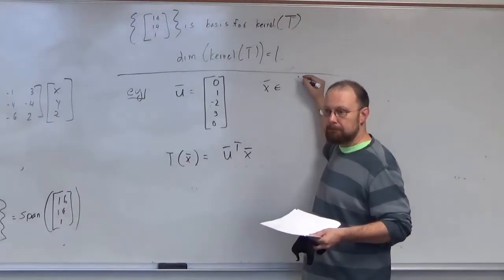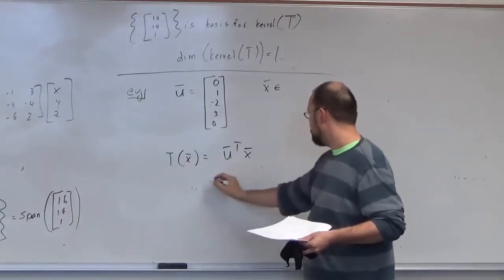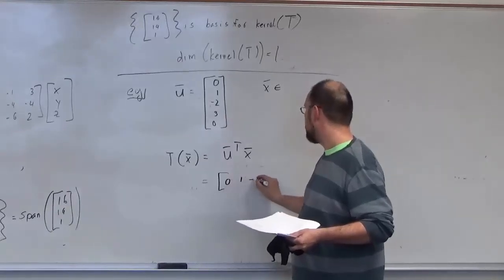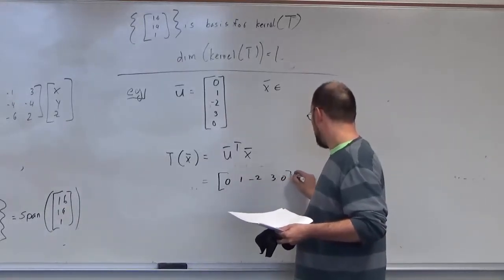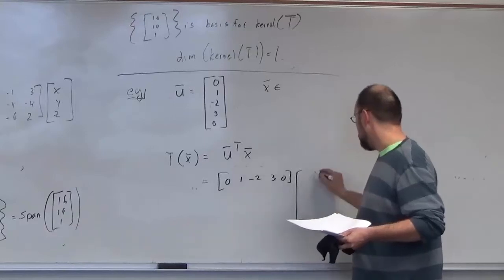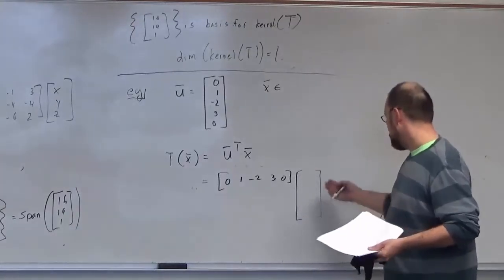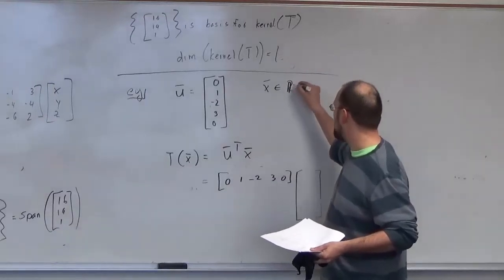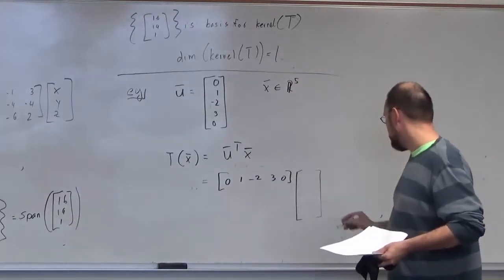Okay, so U transpose becomes a row vector. What kind of vector would that have to multiply for this to be defined? A vector with 5 entries, right? So x is from R5. That's the domain of our function.